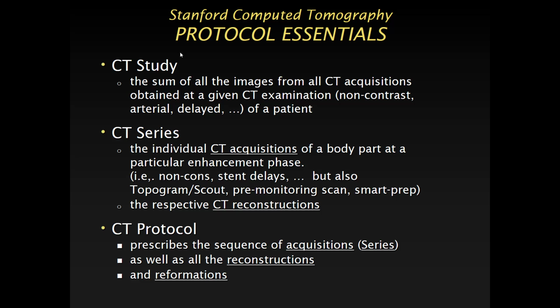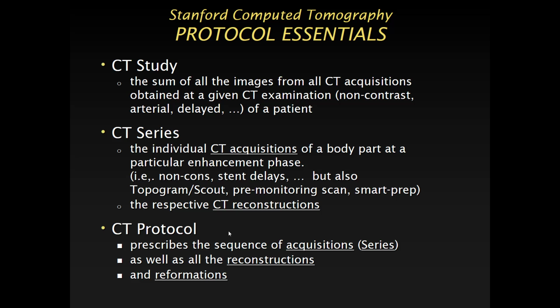And then within a study, that is, for example, a CTA or a liver study, you usually have a lot of series included, which can be a non-con, a post-contrast series. It could be a delayed phase, but also it contains the topograms or scout views, as well as smart prep series, etc. And the combination of all these series that are included in one of the CT study is essentially summarized in the CT protocol.